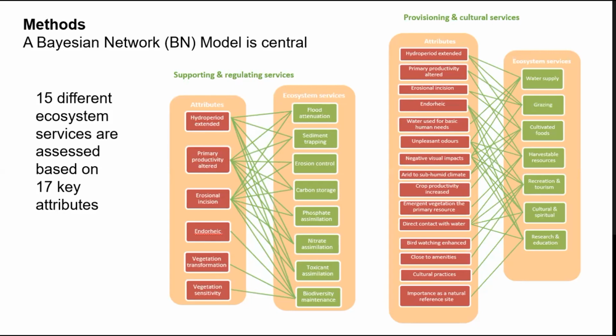That would be the vegetation growth in a wetland. Or has the effect been neutral or negative? And lastly, has the wastewater caused erosional incision into the wetland? So what you can see here is, for each of these services, there are a few attributes that are rapidly scored to give a sense of the impact.